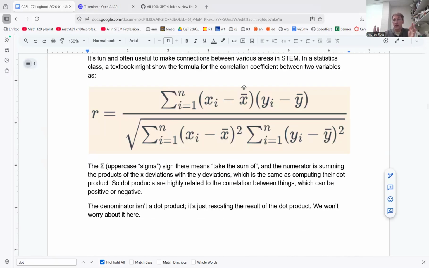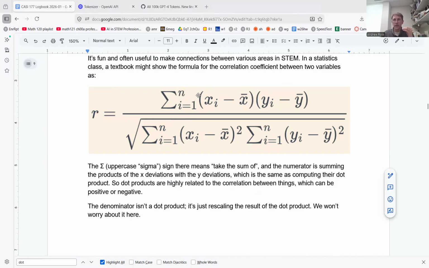It's fun and often useful to make connections between various areas in STEM. In a statistics class, a textbook might show the formula for the correlation coefficient between two variables as R equals this big fraction. The sigma here, this E-looking thing, means to take the sum of.